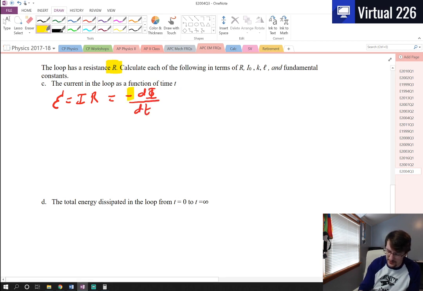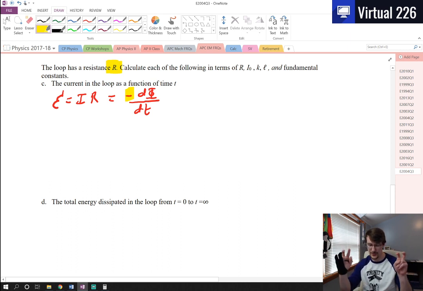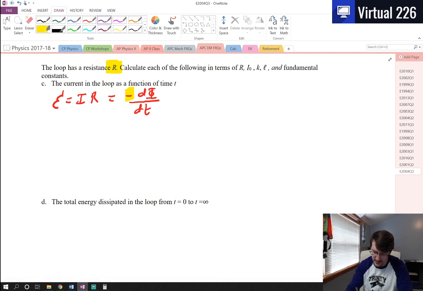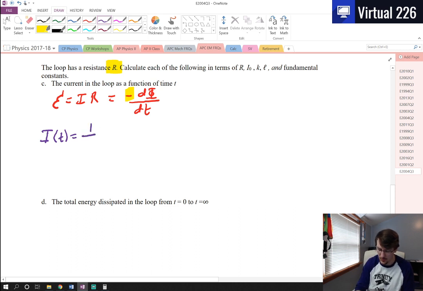Remember, this negative here is just a convention as to what direction things should be flowing, which means what we can say here is that this current as a function of time is just going to equal 1 over R times the negative change in flux as a function of time.